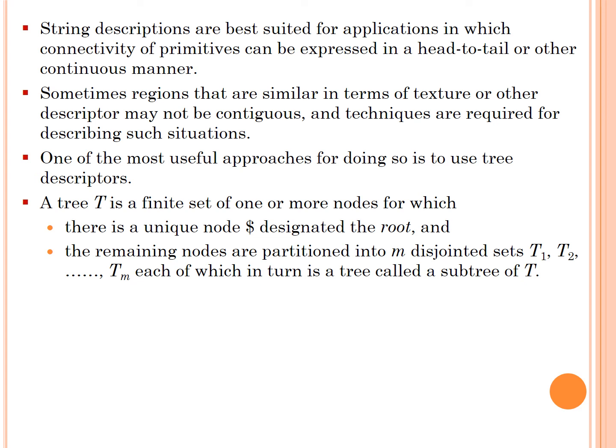One of the most useful approaches for doing so is to use tree descriptors. A tree T is a finite set of one or more nodes for which there is a unique node designated the root, and the remaining nodes are partitioned into m disjoint sets T1, T2 up to Tm, each of which in turn is a tree called a subtree of T.